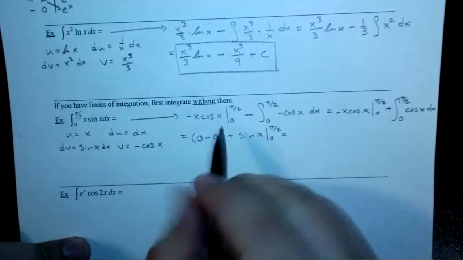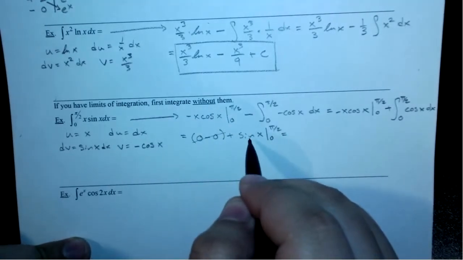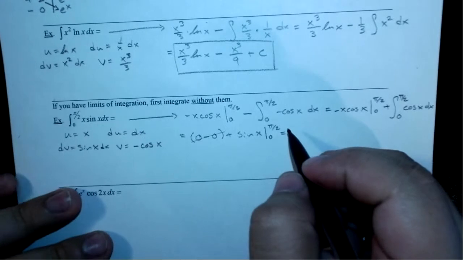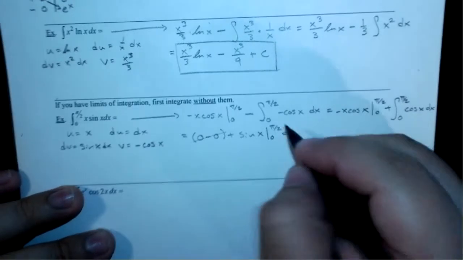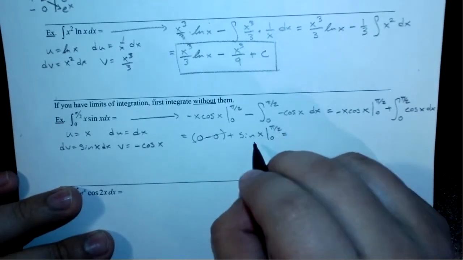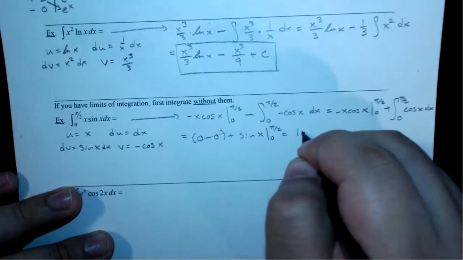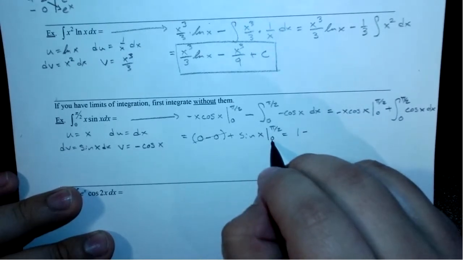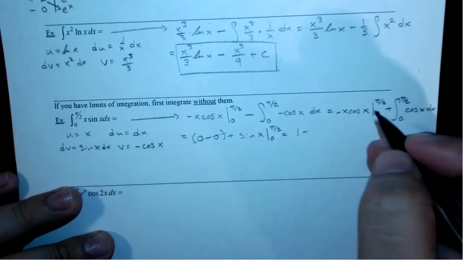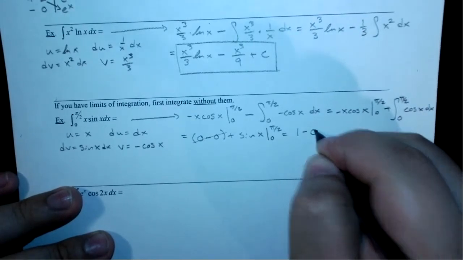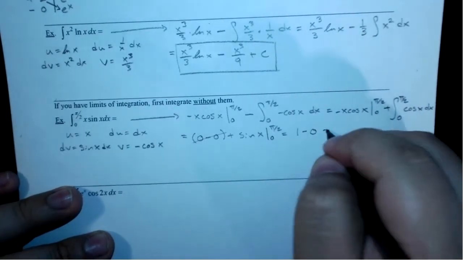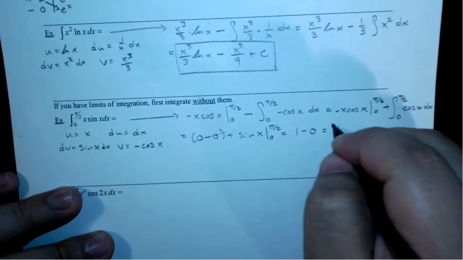So, in other words, we're just dealing with sine of x now. So sine of pi over 2 is 1, minus sine of 0, which is 0. So this should just be 1.